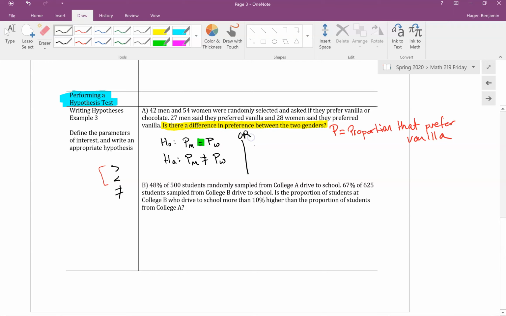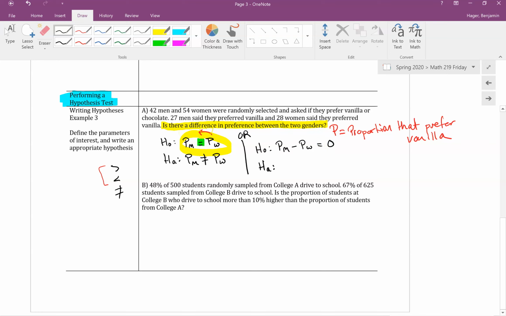Or, and really this way is the more common way you would see it, takes that same idea, but take this equation here and just get everything on one side. Can you imagine just moving the P sub W, or the proportion of women that prefer vanilla, to the other side here? Wouldn't you get the proportion of men that prefer vanilla minus the proportion of women that prefer vanilla equals 0, right? It's like I just shuffle, just like an algebraic equation.